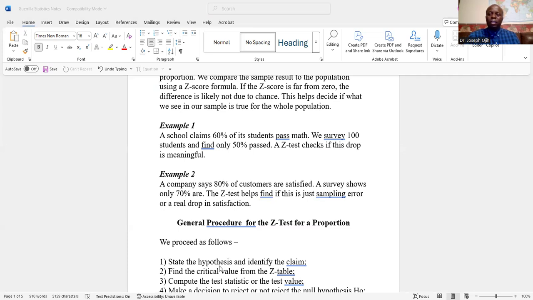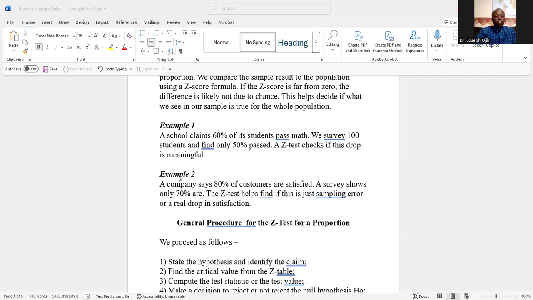What I'm trying to say here is, is it a representative sample of the population of the students in that school? We don't know. So it's a sample, so we have to test to see if this drop is true for the entire population. That's why we still have to run the test, especially given that we don't have the standard deviation for the entire student population in that school.